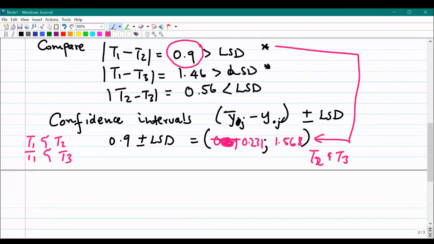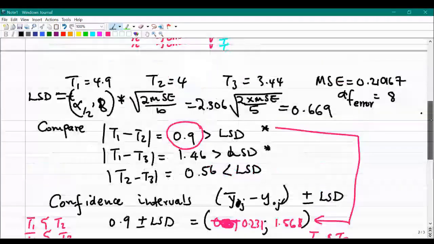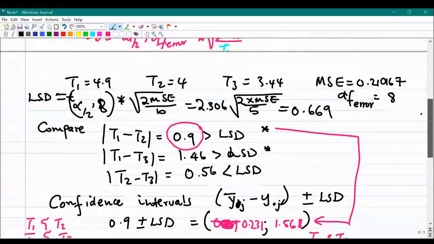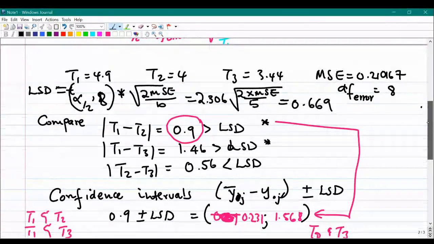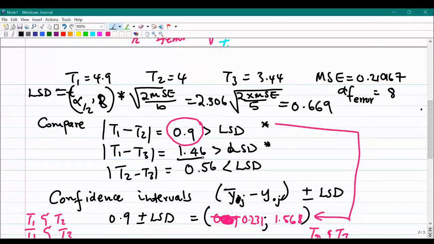Let's go between treatment 1 and treatment 3, guys. Let's do the same. When we want to find the difference, is it the negative answer? 4.9 minus 3.44 is 1.46. It's positive, right?